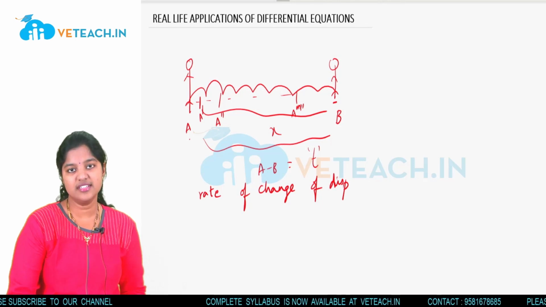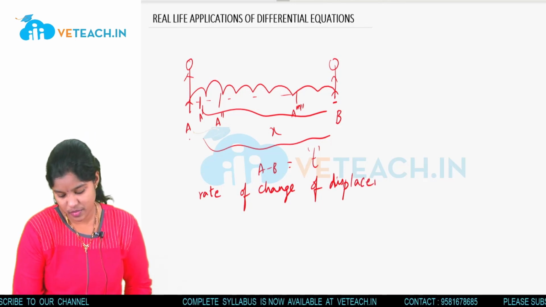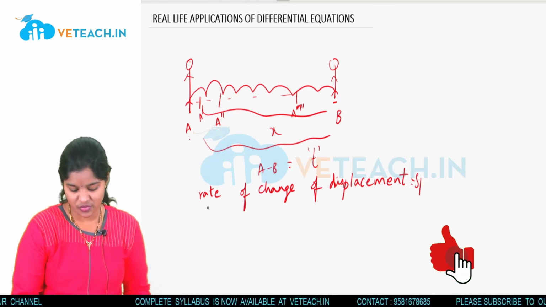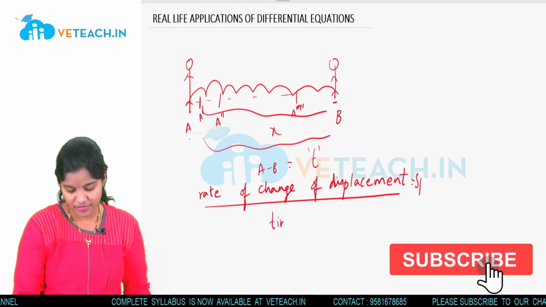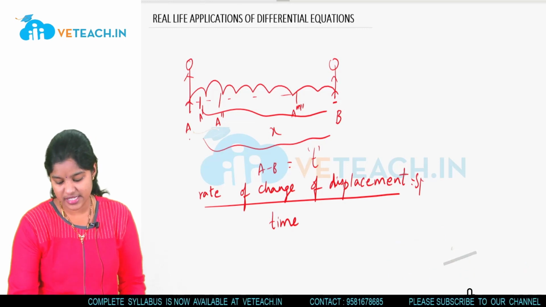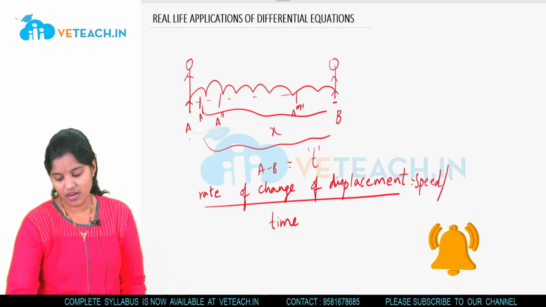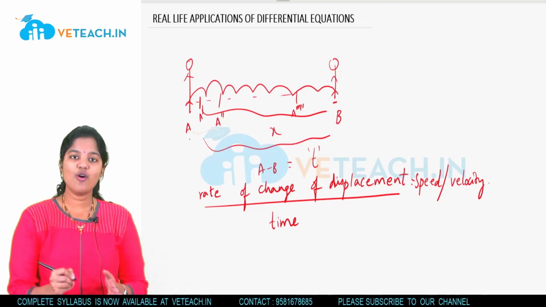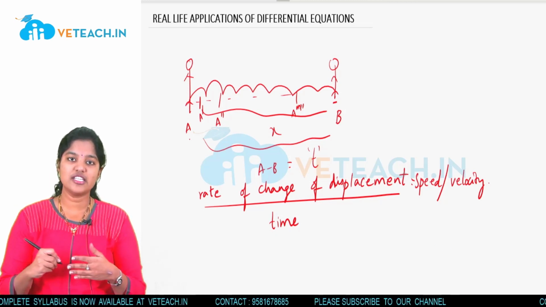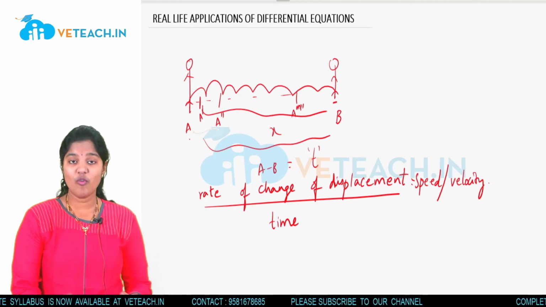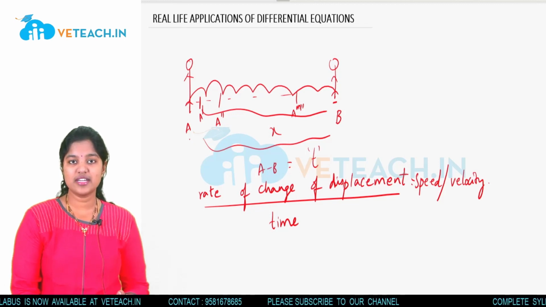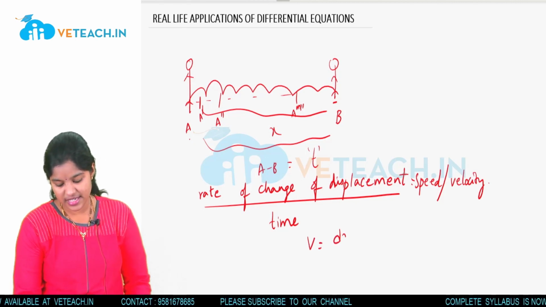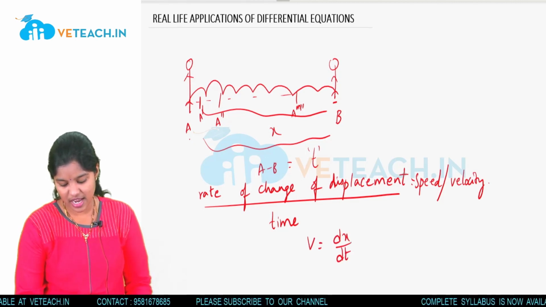Displacement is nothing but the distance. With respect to time, we can say it is speed or velocity. So velocity can be defined as the rate of change of position with respect to time. That rate of change can be represented as a differential equation. So if v is the velocity, dx by dt is the desired value.